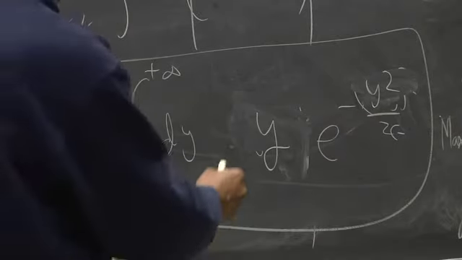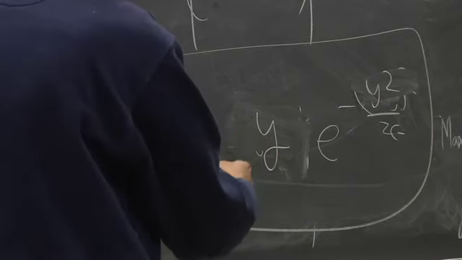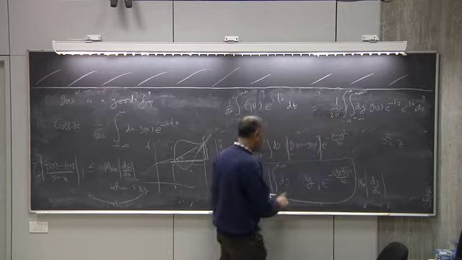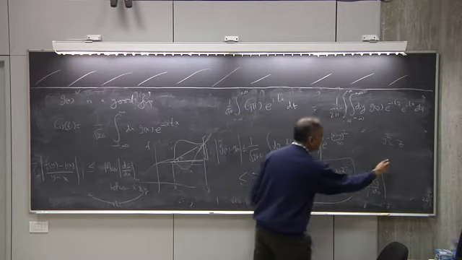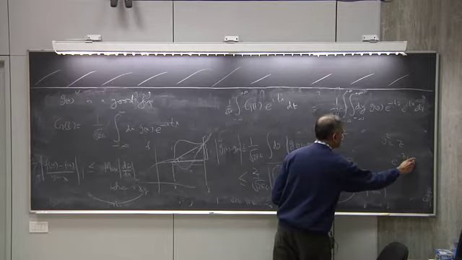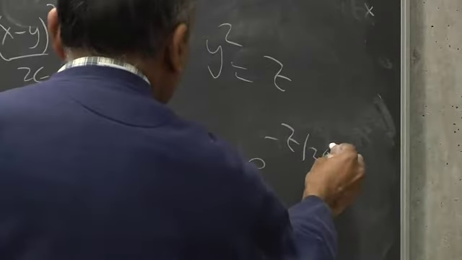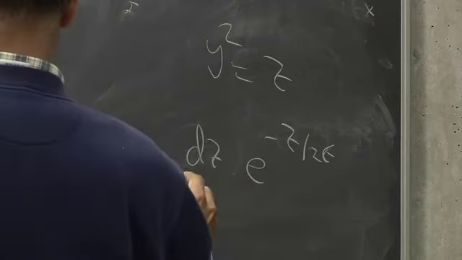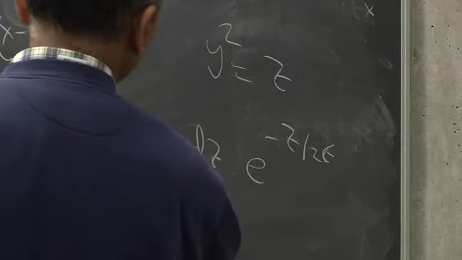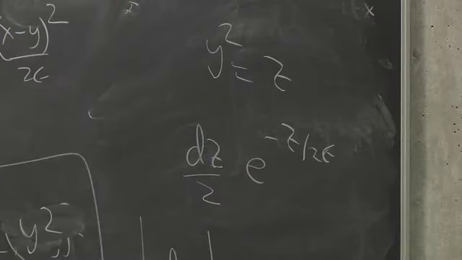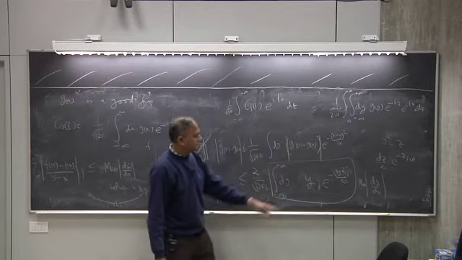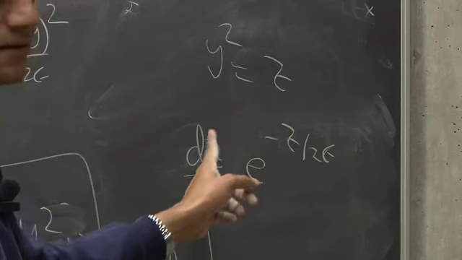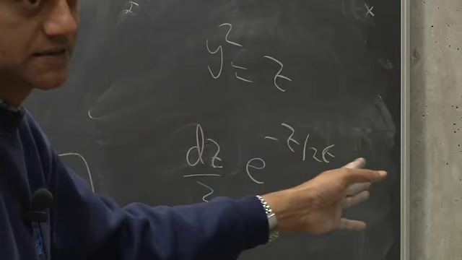But this integral you can immediately do, because you can call y square as some z, then this becomes e to the minus z over 2 epsilon, and this becomes dz by 2, right? So, this 2 cancels, and then that integral you can perform immediately. It gives you 2 epsilon times 1 basically.